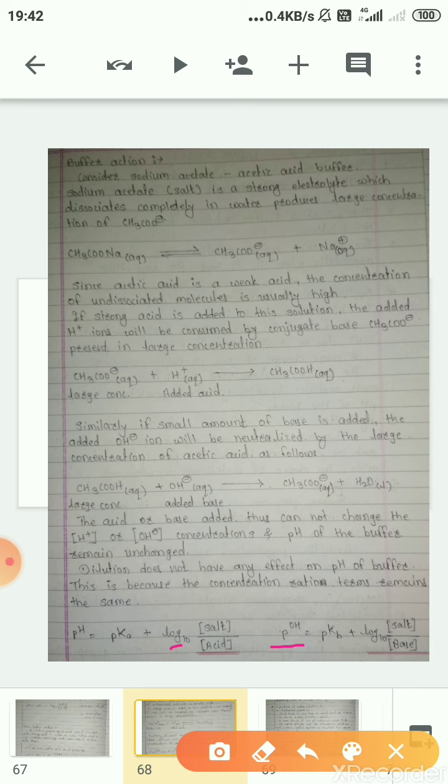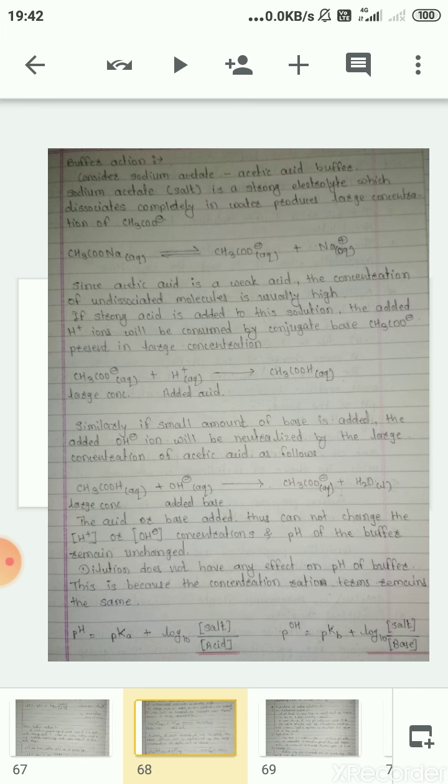As on dilution the ratio of concentration of salt to acid, or of salt to base, remains the same, the pH of the solution does not change.